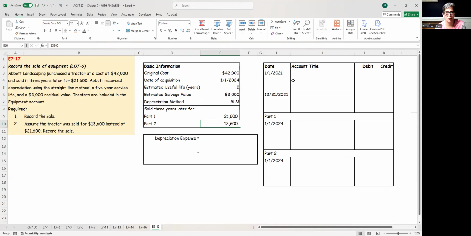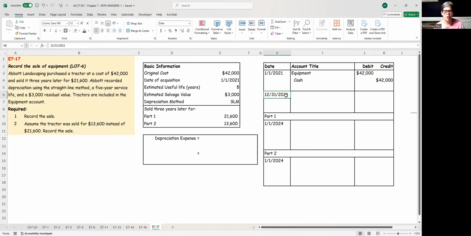The first journal entry is the date of acquisition. Here, I should have put 21. Okay. So on 1/1/21, my journal entry is equipment debit, cash credit for the $42,000.